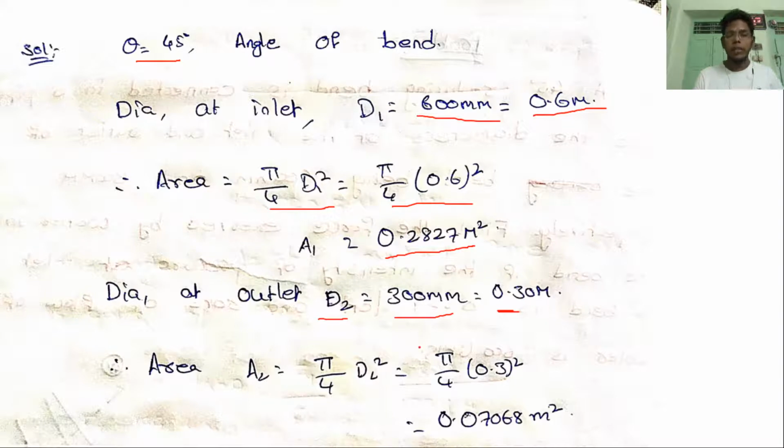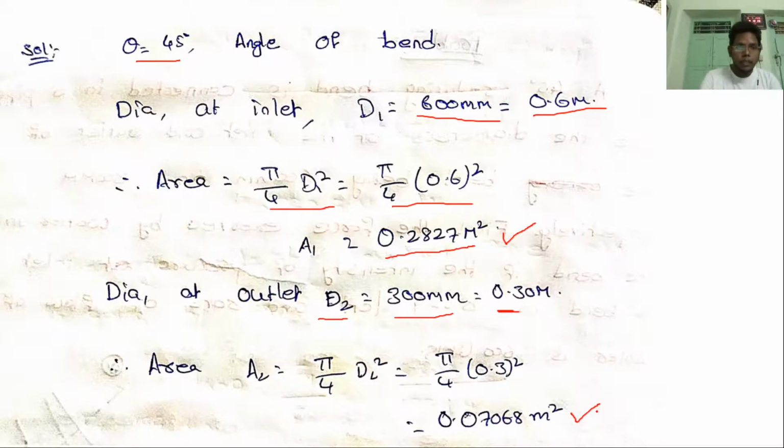Solving this, A1 is 0.2827 meter square and A2 is 0.07068 meter square. I think this slide is easy for all of you. Here we have taken the diameter at inlet and outlet, found both values, and both areas are clear now.